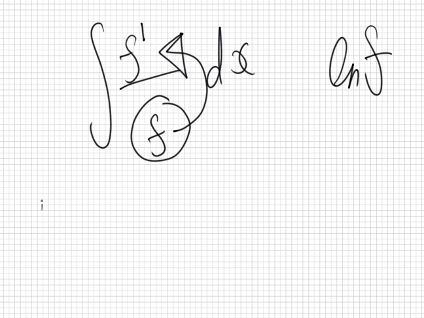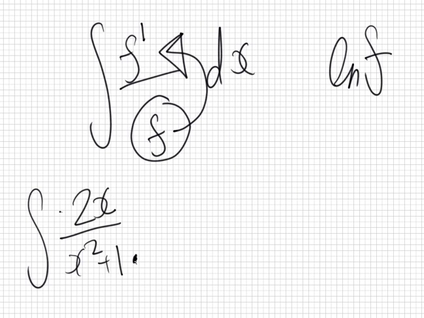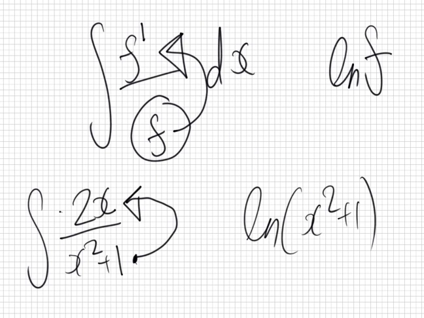So for example, if you had here x squared plus 1 and here is 2x, because the derivative of this is exactly the top, I know as a shortcut the answer will work out to be log x squared plus 1. Now look, only use it if you can handle it, okay? It's a trick, it's a shortcut again.